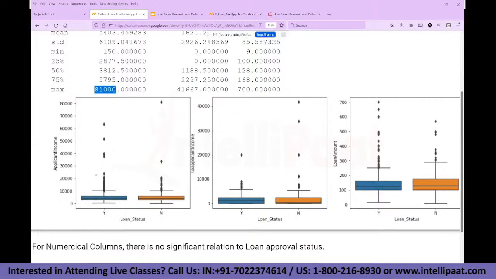If I remove these numbers, this whole box and whisker will shift toward the middle somewhere. Possibly the y-axis will also reduce, because now it won't have these outliers. So it will be like 0 at the bottom and 10,000 at the top, and the box will look like this. You can call it zoomed in.